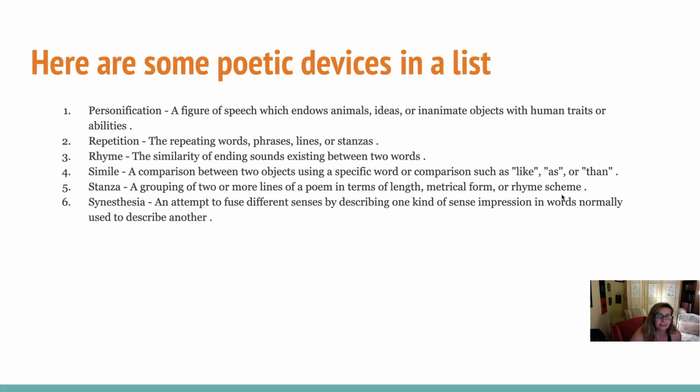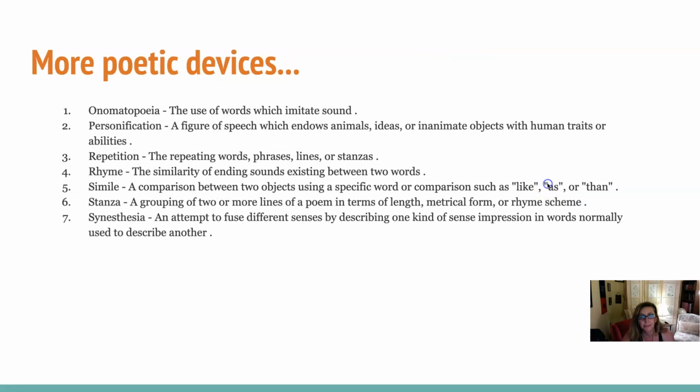Synesthesia is an attempt to fuse different senses by describing one kind of sense impression in words normally used to describe another. That's when you're kind of synthesizing all of your senses with words, and it creates a feeling or an idea. Onomatopoeia, the use of words that imitate sound.